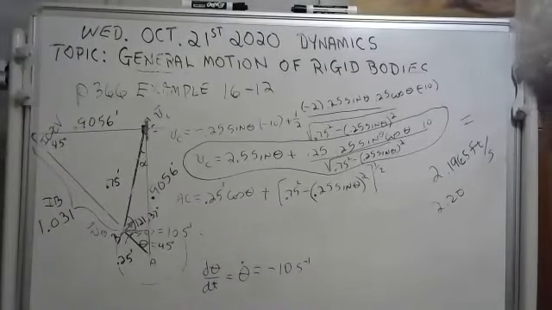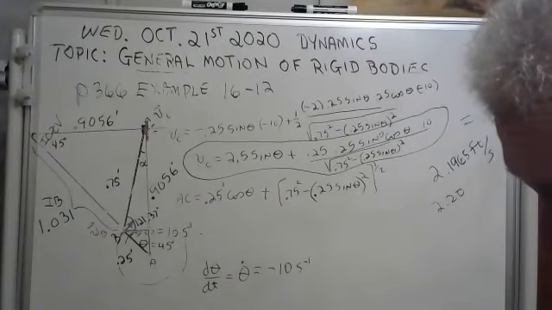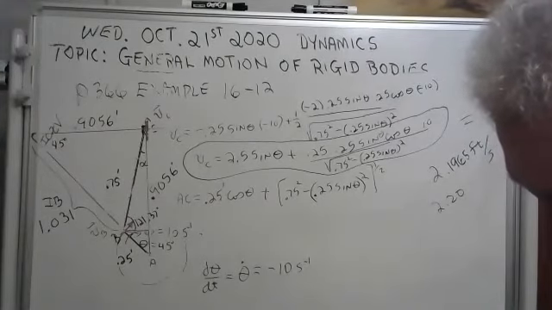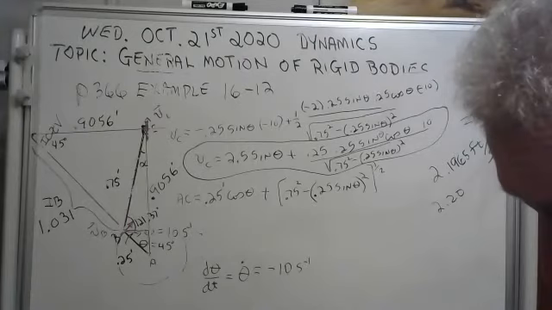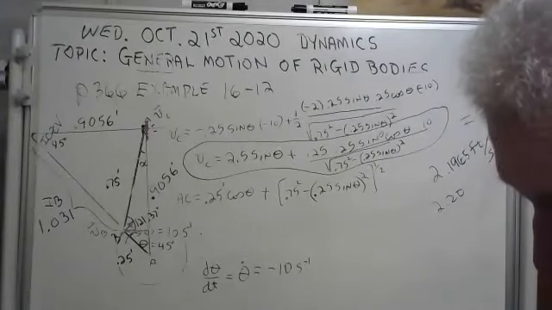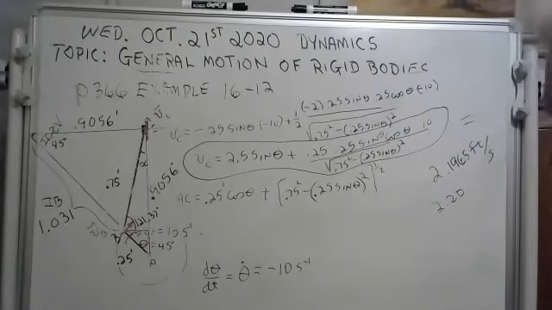Now, I'm going to plug in 45 degrees. If I can remember how to do this, which I don't. 45. And I'm going to plug it in. And then I push the button. And I'm getting 2.1965.